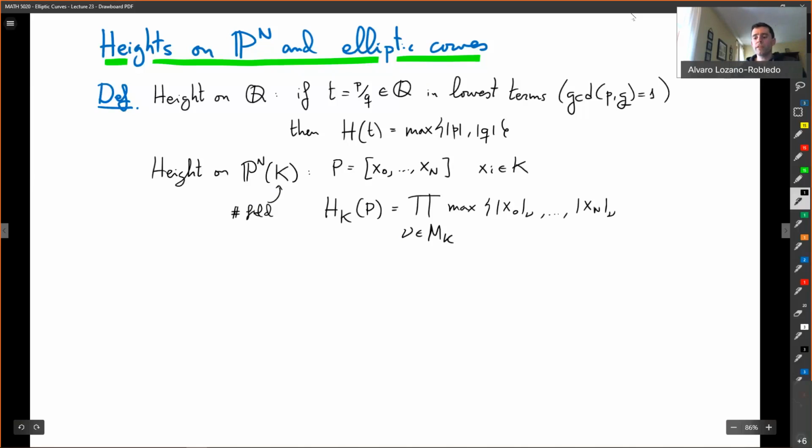So you take the absolute value that corresponds to those places, take the maximum value, and you raise it to the n nu, where n nu is the degree of the extension that you get when you complete K at nu over the nu at x.